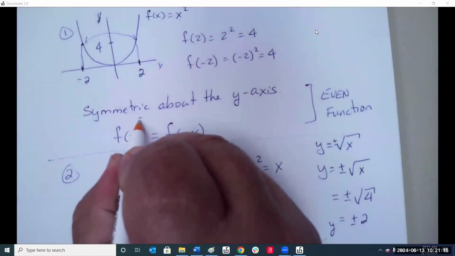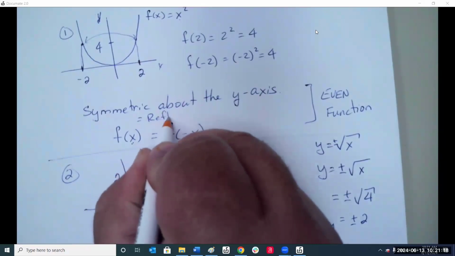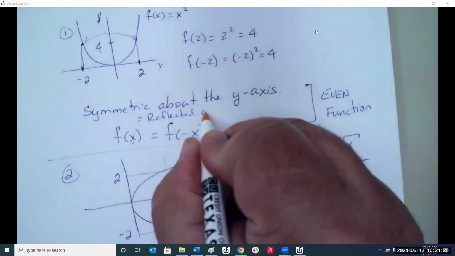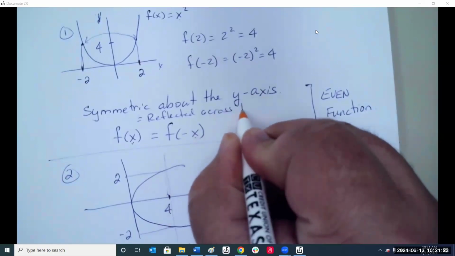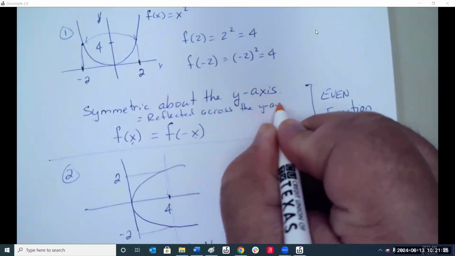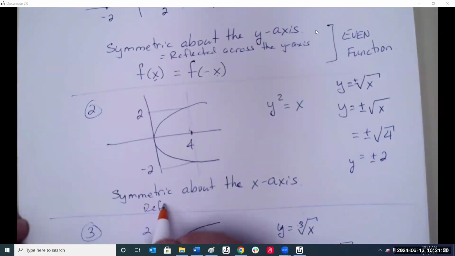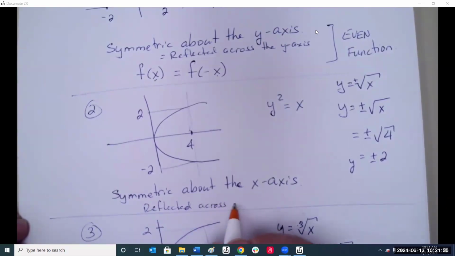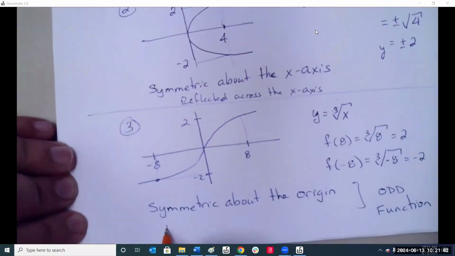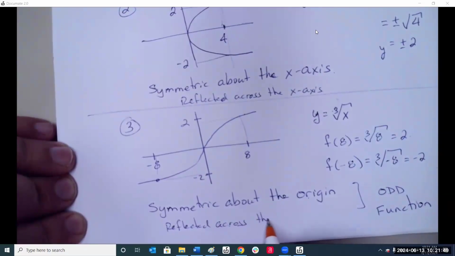This is, you could say, reflected across the y-axis. We can say reflected across the x-axis. And then this is reflected across the origin.